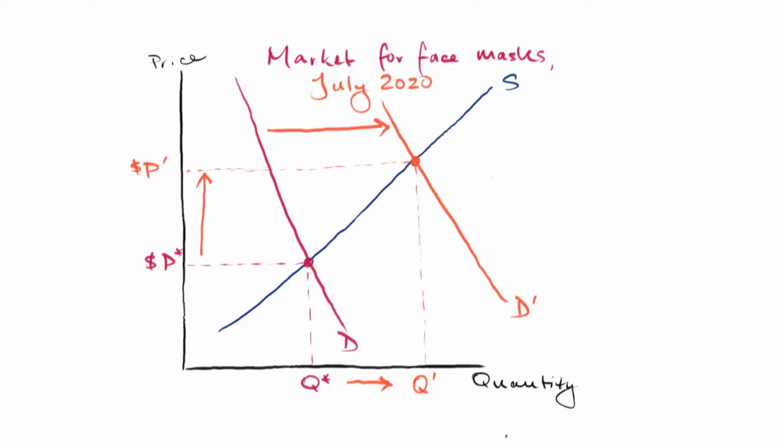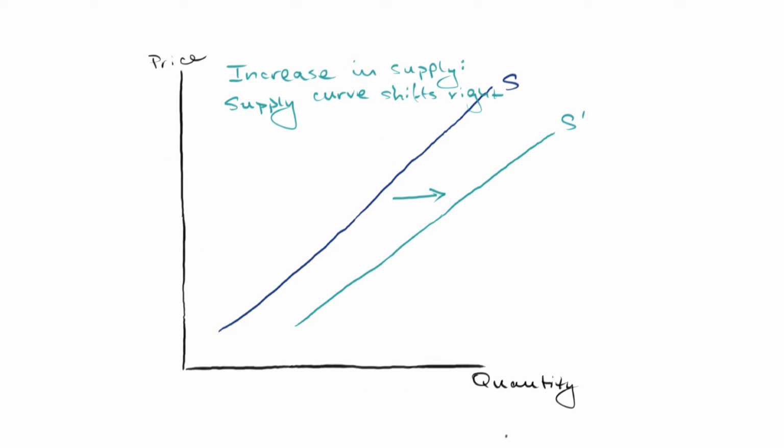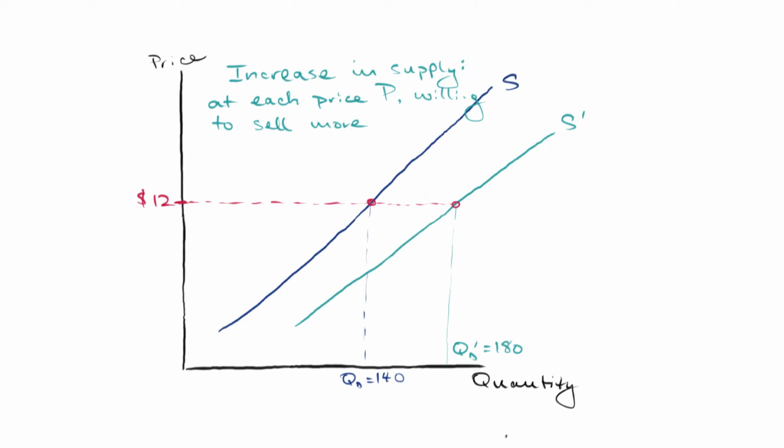Okay, now, next topic is factors affecting the supply curve. So when we say that something increases supply, that means that shifts the supply curve to the right. And, in other words, at each price, the suppliers would be willing to sell more. Okay, so compare the dark blue supply curve to the light blue supply curve.